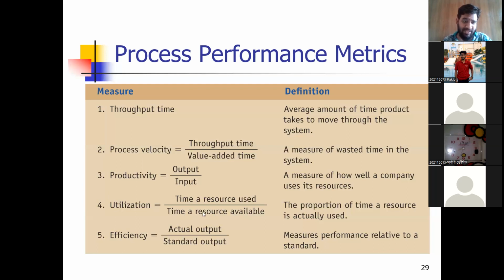Standard output. When you buy a machine, it is stated on the dyeing machine that it is a 10 ton dyeing machine, meaning you can dye 10 tons. But when you look at the output, you see the actual output is 5 ton and the capacity of the dyeing machine is 10 ton. So what is the utilization rate? 50%, is it? 5 ton is the actual output and the capacity is 10 ton.